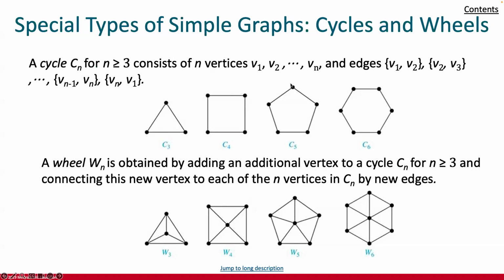And so each one of these, it goes all the way around. So thus you can think of it as a cycle. A wheel is obtained by adding an additional vertex to a cycle and connecting this new vertex to each of the vertices in the cycle by a new edge. So thus there is this center one that helps to increase the connectivity rather than have to go around the whole cycle.